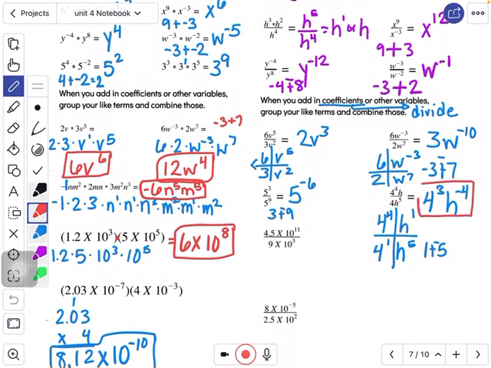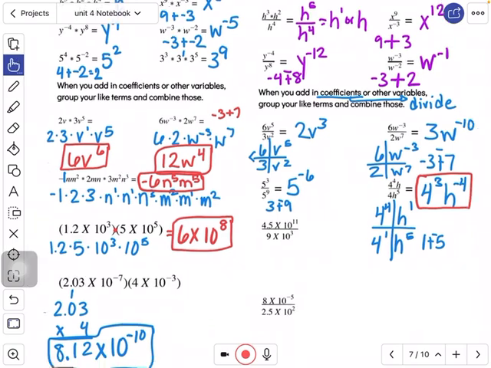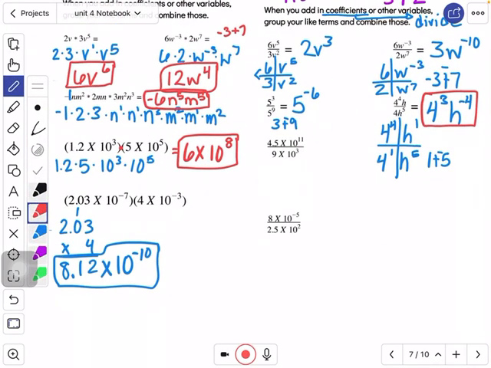With scientific notation and division, same ideas apply. Split it into its two parts. So you have 4.5 divided by 9, which is 0.5.